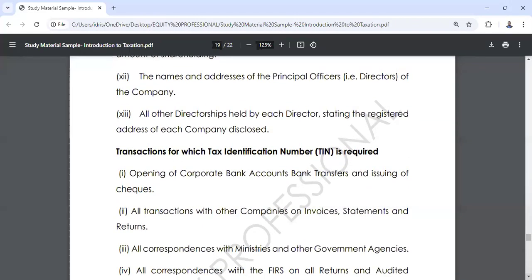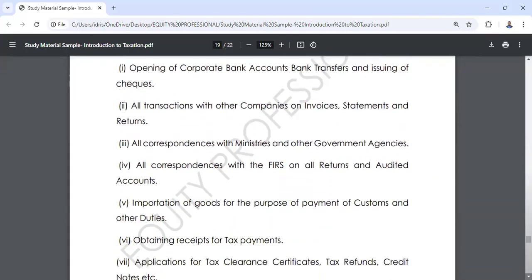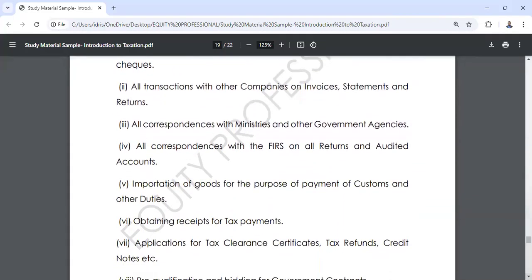Next, transactions relating to invoices or statements and returns. Another one, transactions relating to ministry or government. You want to bid for a government contract or you want to supply goods to government. They will ask for your TIN number. Importation of goods. If a company imports goods and wants to pay custom duty, they will ask for the TIN number.